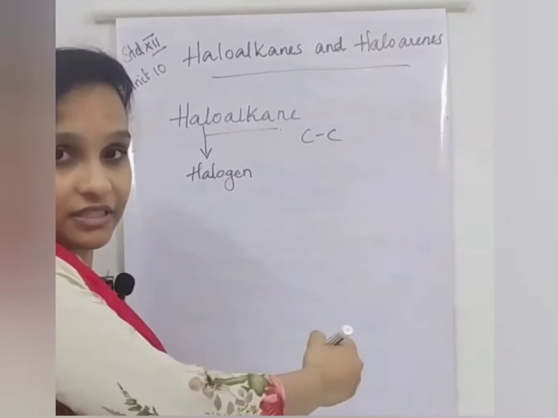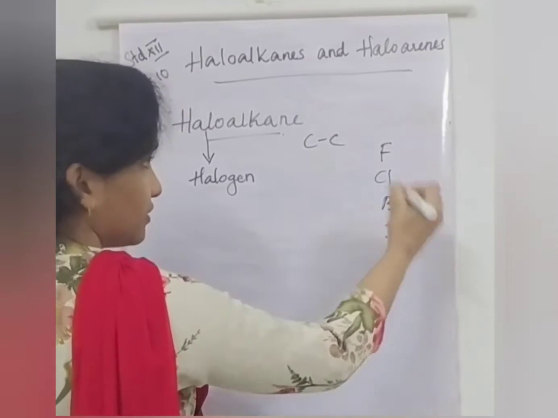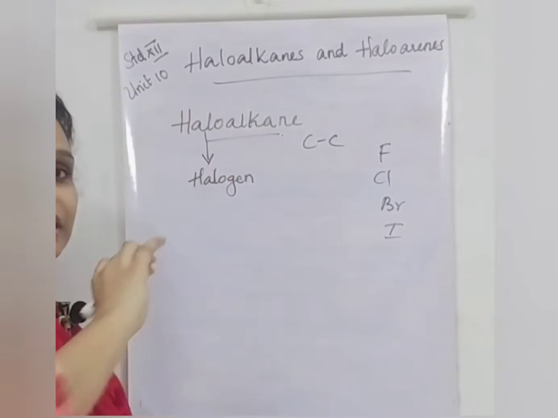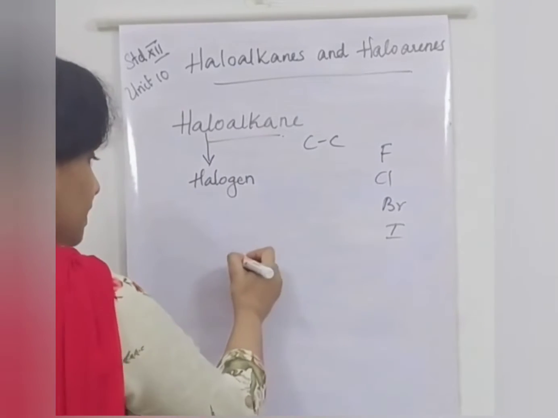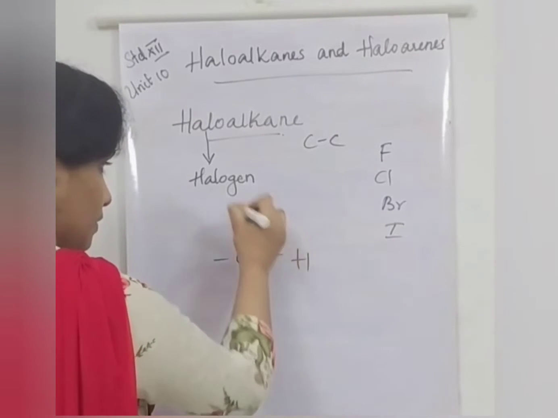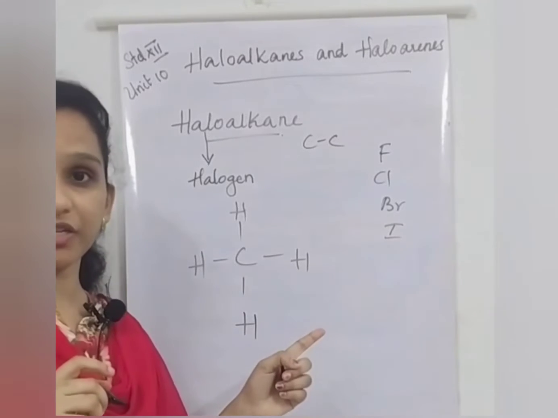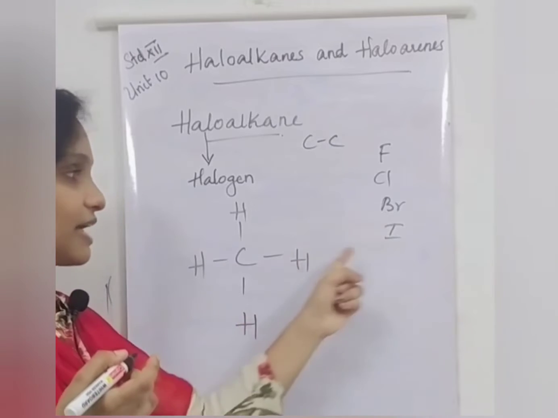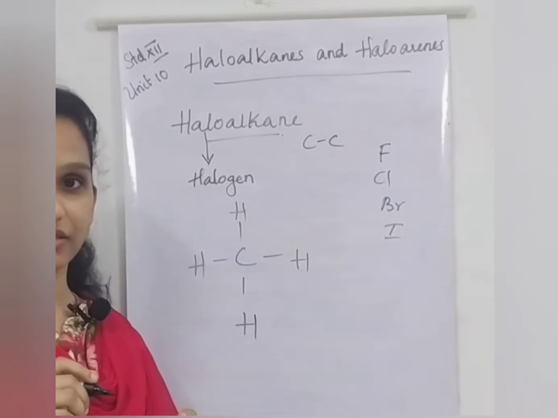What are the halogens? Fluorine, chlorine, bromine, iodine. I will show you one hydrocarbon. Can you give me a simple hydrocarbon? Methane. Methane is CH4. The replacement of one or more hydrogen atoms by a halogen group is known as haloalkanes.